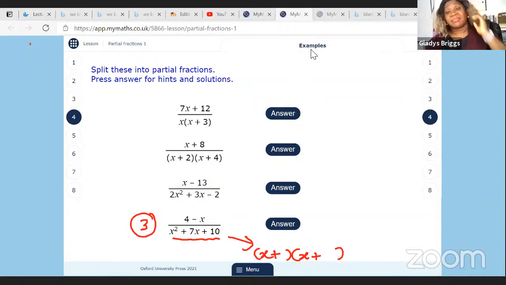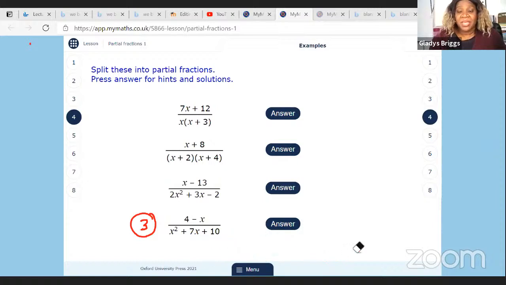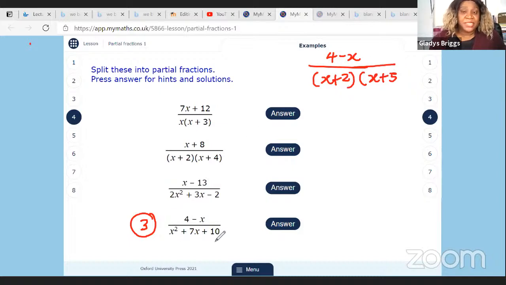Okay, guys. I need to get your answers in the chat now. So you can rewrite this one as 4 minus x over x plus 2 and x plus 5. That will give you x squared plus 7x plus 10.